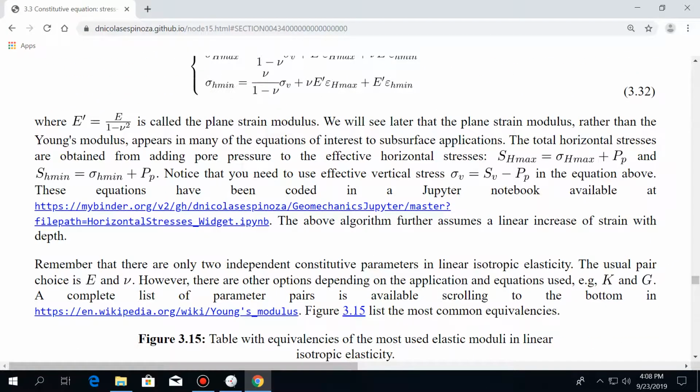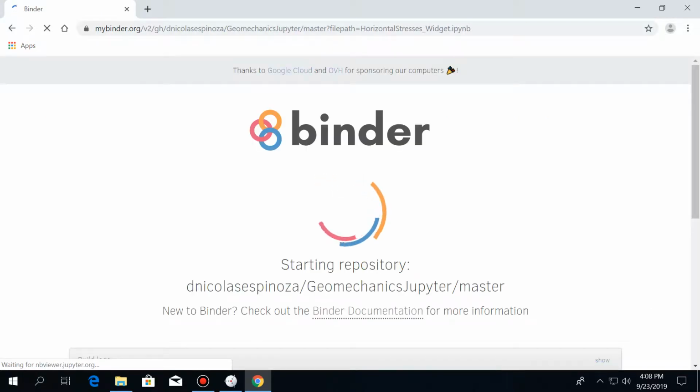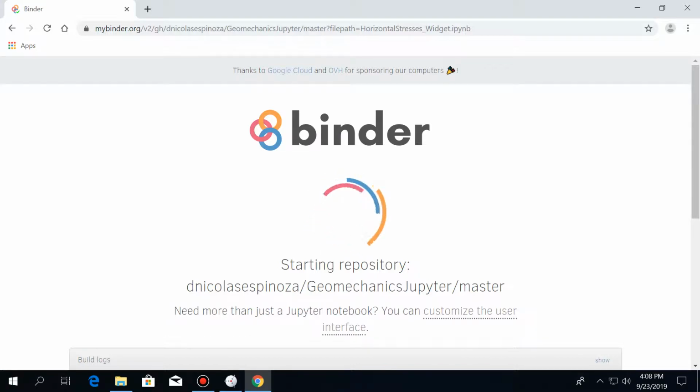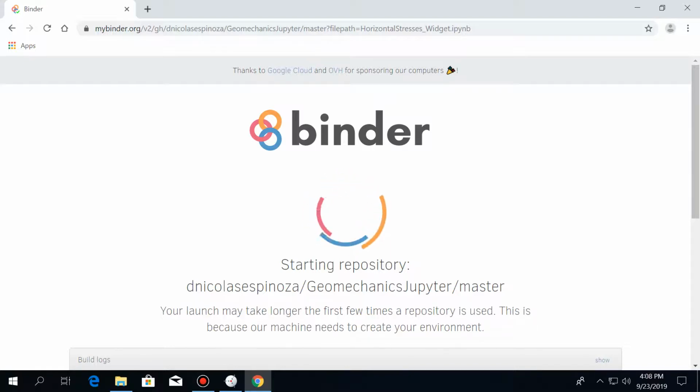But I have here a Python file that makes a sort of animation of these stresses as a function of the tectonic strain. This is going to take some time. Just give me 10 seconds, and then we'll continue talking about that.